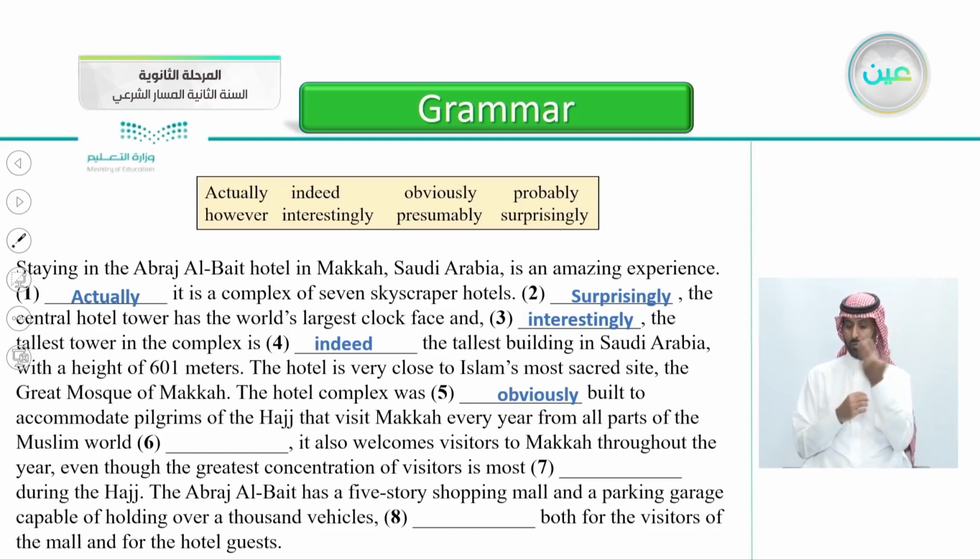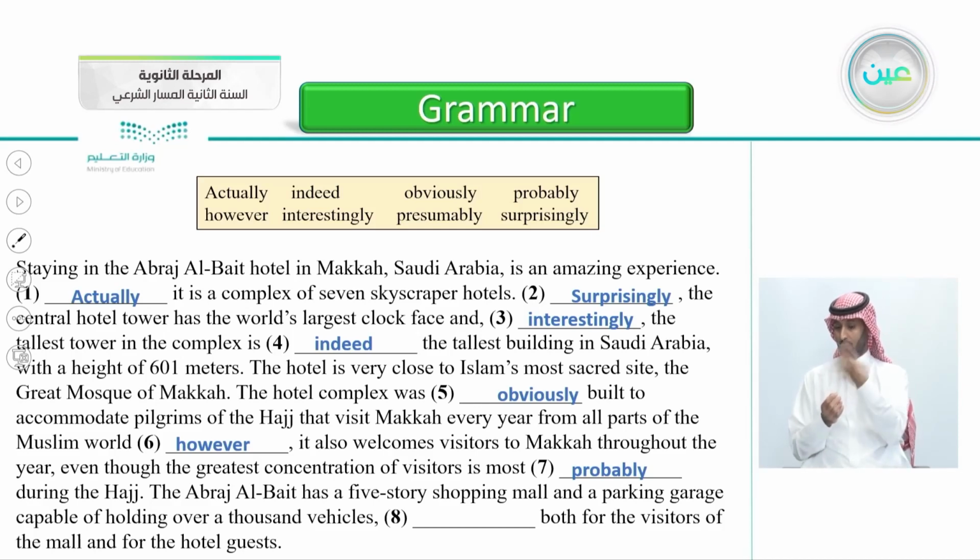So number 6 is, however, it also welcomes visitors to Mecca throughout the year, even though the greatest concentration of visitors is most during the Hajj. Yes, is most probably during the Hajj. The Abraj al-Bayt has a 5-story shopping mall and a parking garage capable of holding over 1,000 vehicles.